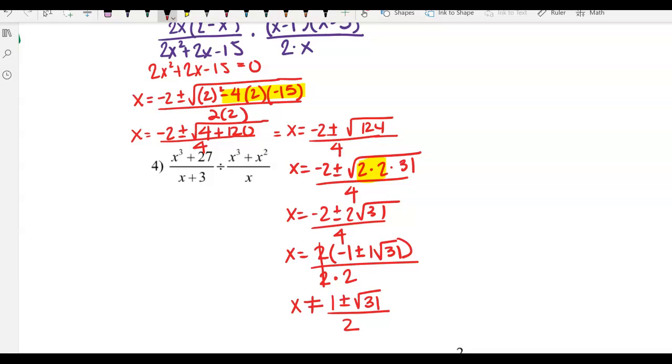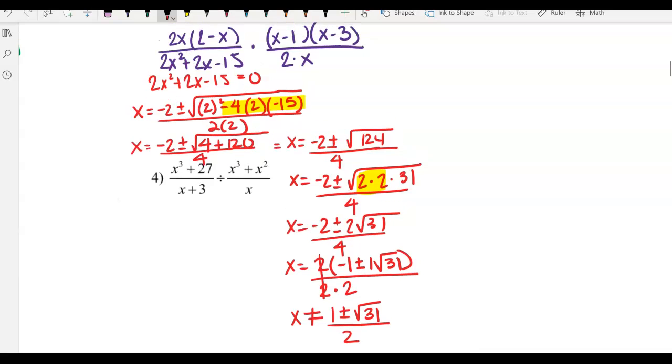Now we have to go and find the restriction of the second denominator. What is the second denominator, Susie? Yep, 2x. We're going to set it equal to 0. Jackson, how do we solve for that x? Divide by 2. So 0 divided by 2 is 0.